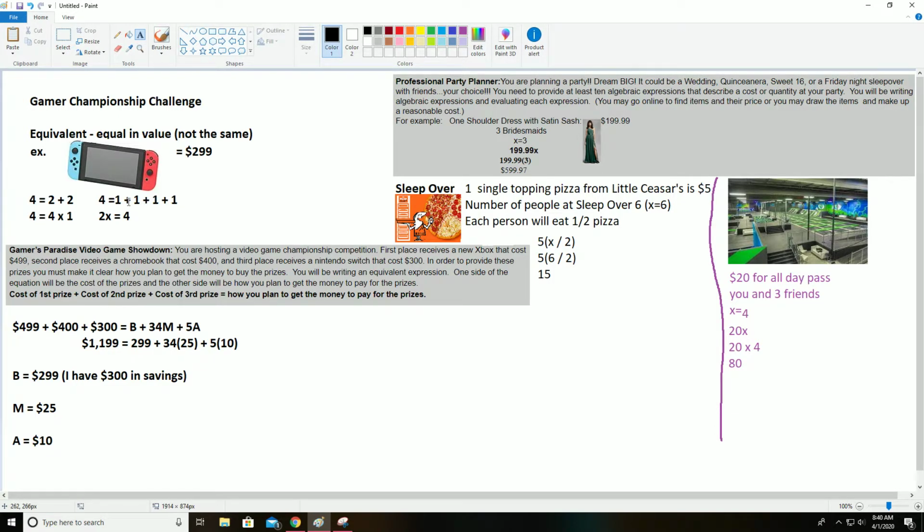If I add all these ones up, I get 4, so that means these are equivalent. And then here's an algebraic equivalent expression, 2x equals 4. I bet you could guess what x equals, because this is just saying 2 times x equals 4. What would I have to multiply 2 times to get 4? 2. So 2 times 2 equals 4.